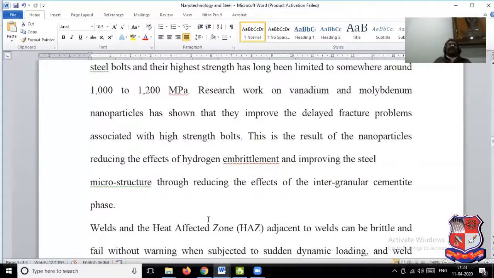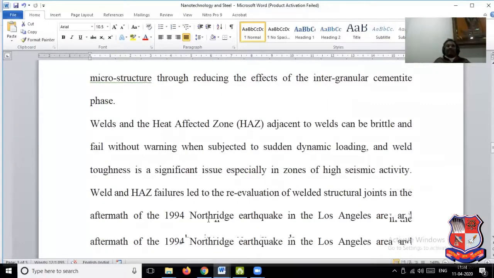So in that way you can easily use such nanomaterials. In that way you are changing the phase and microstructure, ultimately resulting in high strength. Next time we will see other aspects of nanomaterials in the field of civil engineering. Thank you very much.